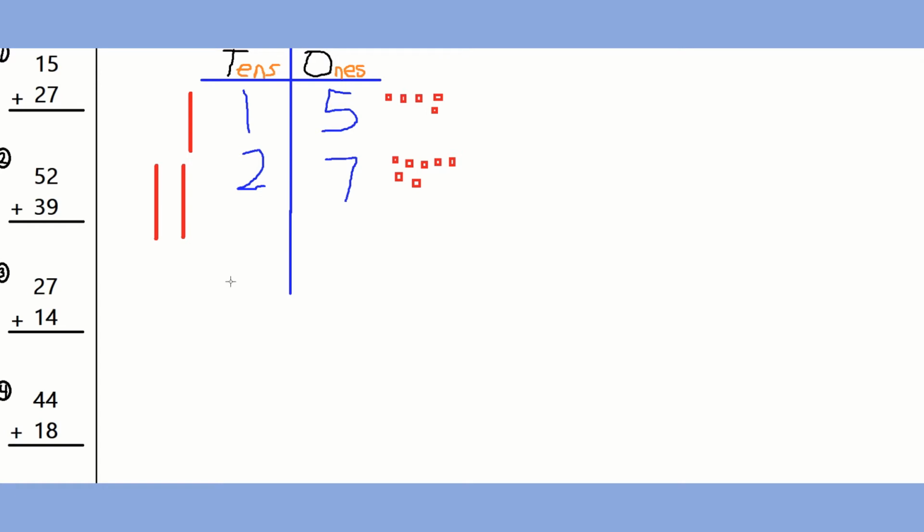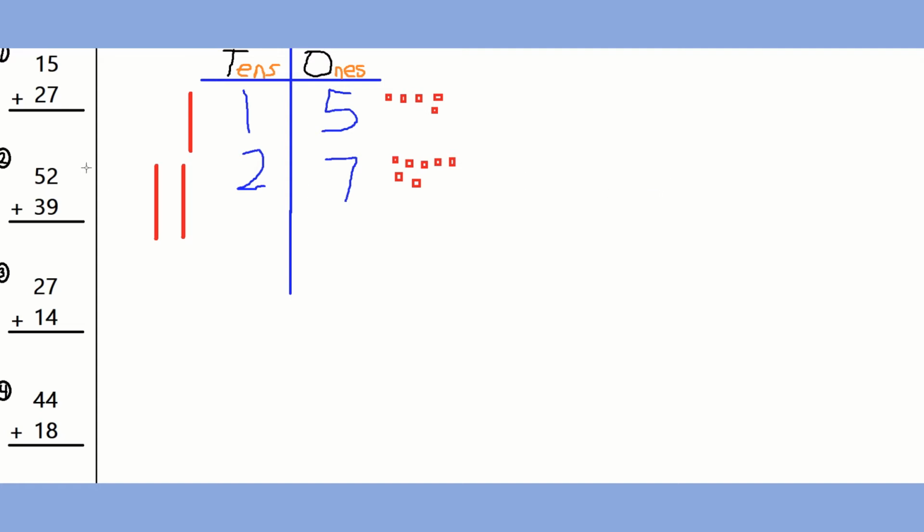Now if you want to go ahead and count it, you can. 10, 20, 30, 31, 32, 33, 34, 35, 36, 37, 38, 39, 40, 41, 42. So we know the answer is 42. But if you cannot count it like this, then we have to find a way to do it differently.